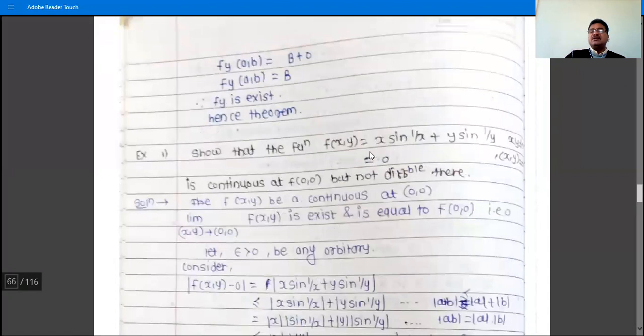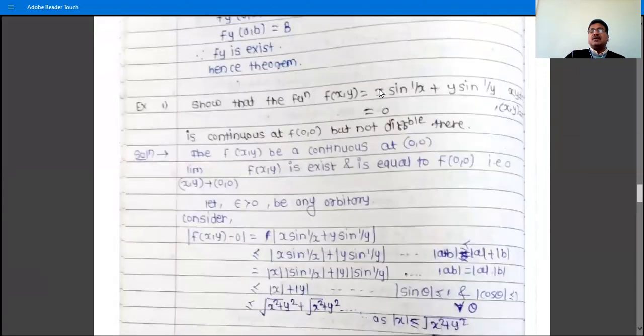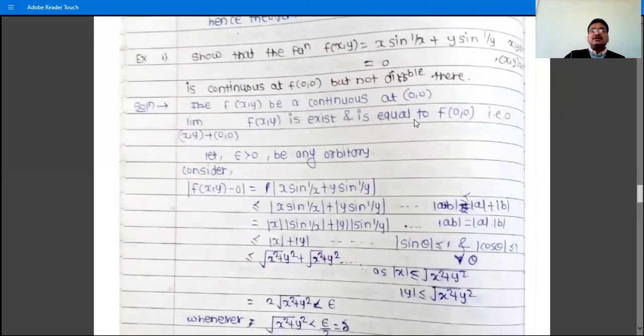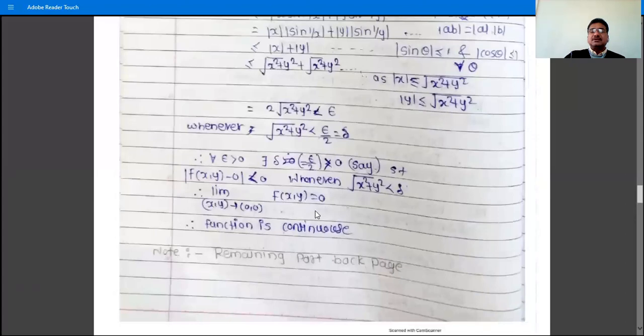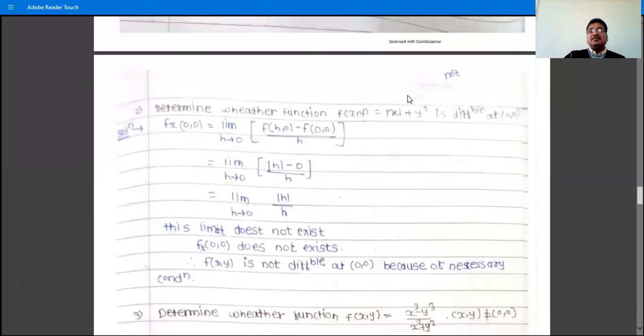This function is continuous at (0,0), so the first way is not useful. Then find f_x(0,0) and f_y(0,0). If one of them does not exist, then we say the function is not differentiable. If both exist, then use the definition and contradiction method. So the proof of this second part, not differentiable, is still remaining.